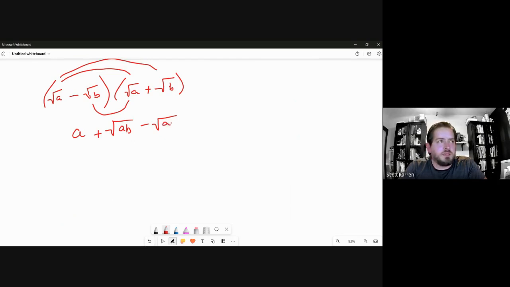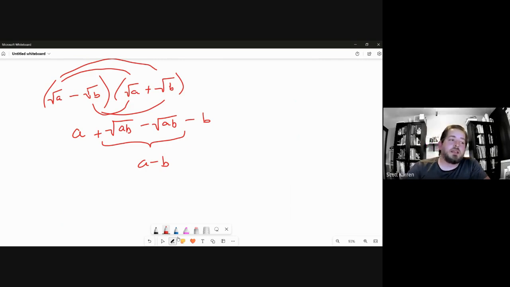I'll write it as ab. And then minus the square root of b times the square root of b, which is minus b. These two terms cancel out because they're the same but opposite sign, and I end up with a minus b. You might recognize this as a special case of the difference of two squares, where instead of squares, they're just a's and b's, right?